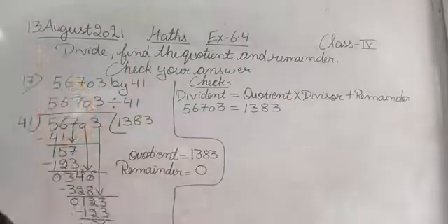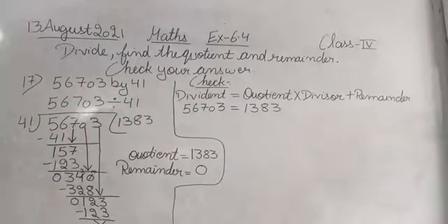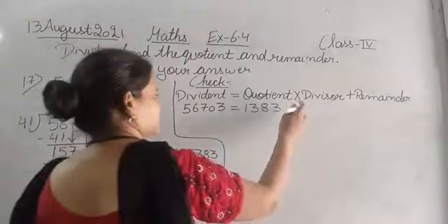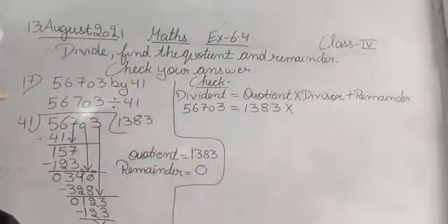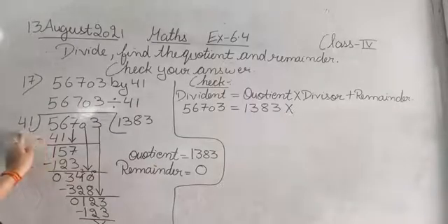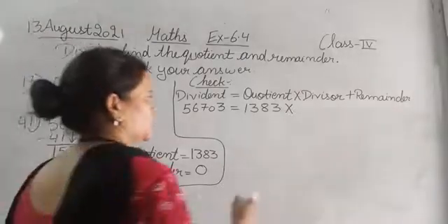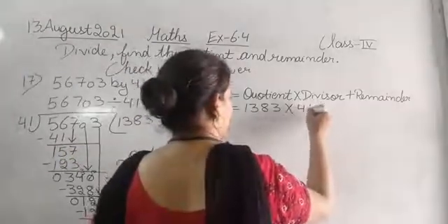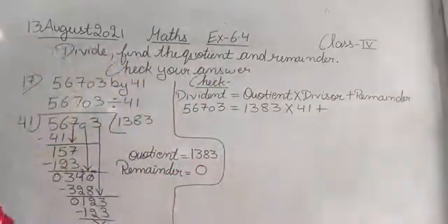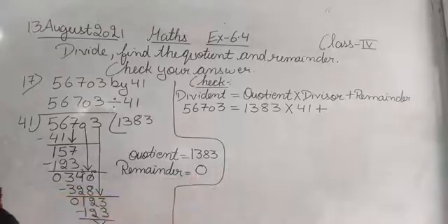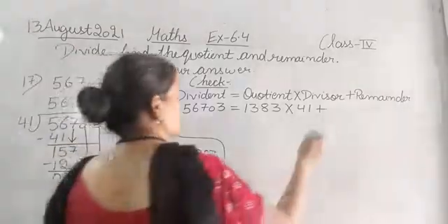Quotient is 1383 multiply divisor. So what is the divisor? The divisor is 41. This is 41 plus remainder. So what is the remainder? The remainder is 0. Okay, so plus 0.